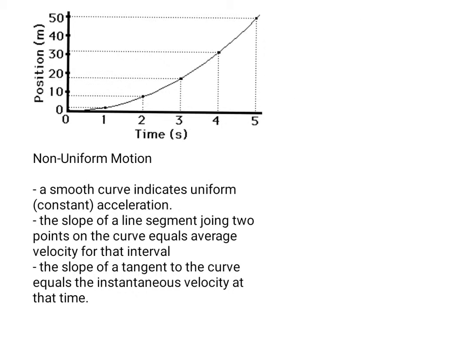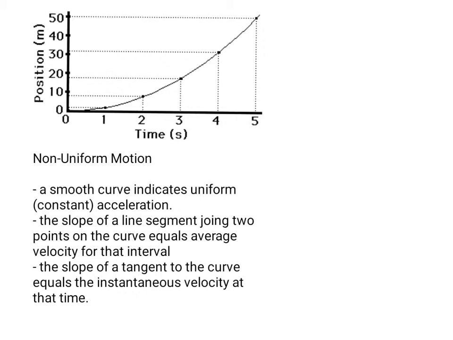A curved position time graph shows us non-uniform motion, which means that the object's velocity is not constant. A smooth curve indicates uniform or constant acceleration for the object.